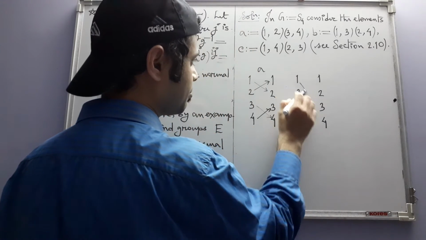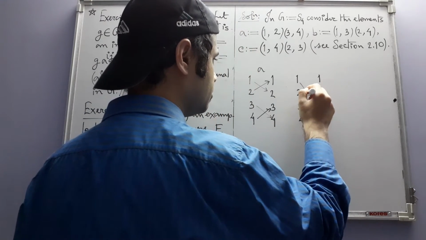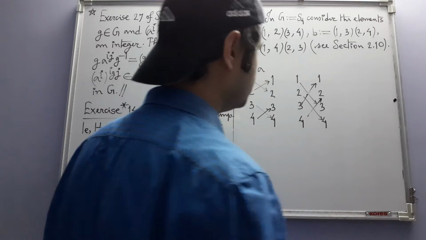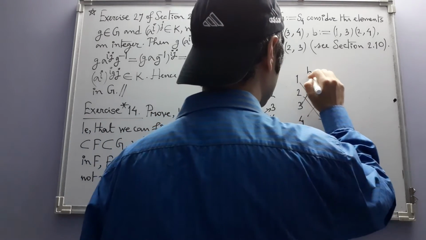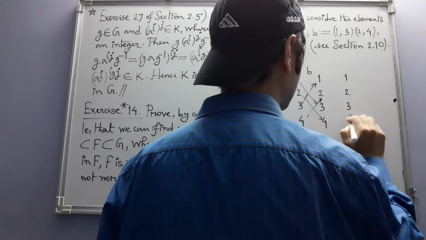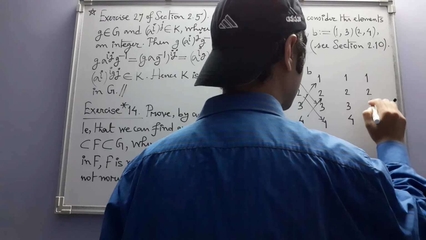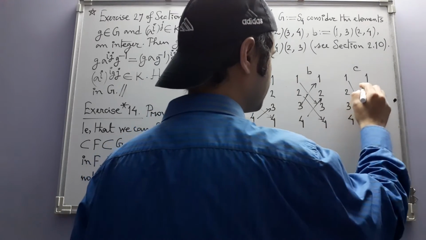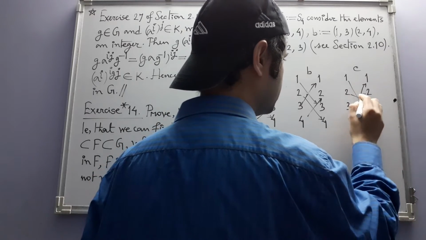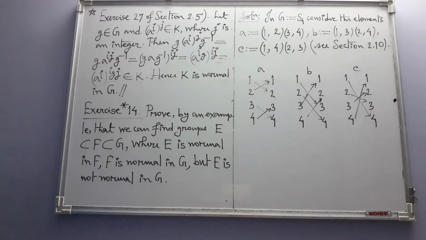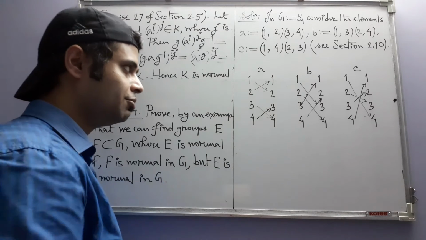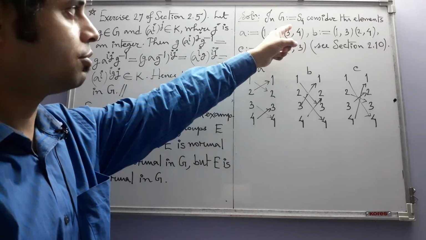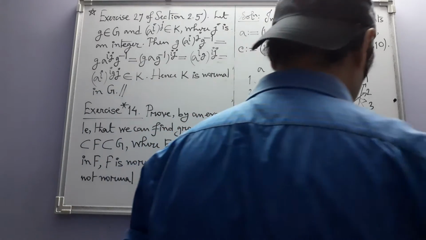B is the bijection that maps 1 to 3, 3 to 1, 2 to 4, and 4 to 2. And like that, C maps 1 to 4, 4 to 1, 2 to 3, and 3 to 2. You can clearly see that these are 3 different bijections, that is 3 different elements in the symmetric group of degree 4, S4.